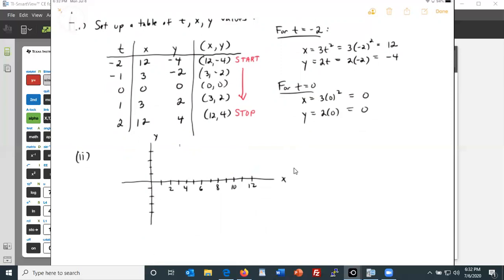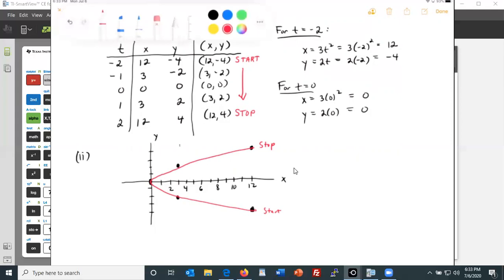So first, plot the points. 12 comma negative 4 is down here. 3 comma negative 2 is way over here. The origin 0, 0. 3, 2, and then 12, 4. Okay, now remember your starting point, right? So remember, this was the starting point. This is the stopping point. So you see the curve will travel this way.